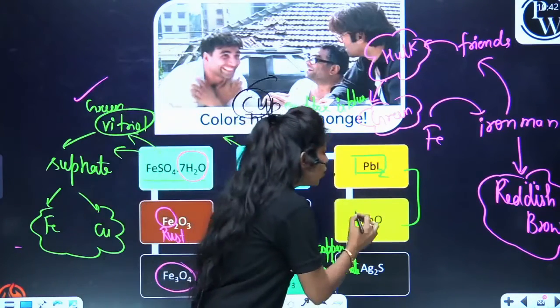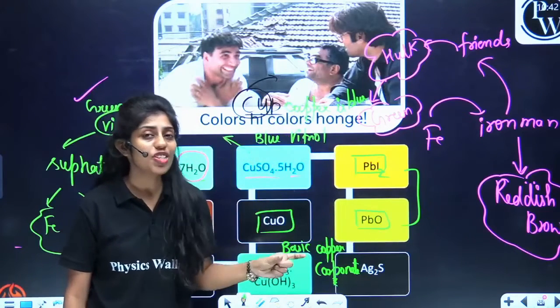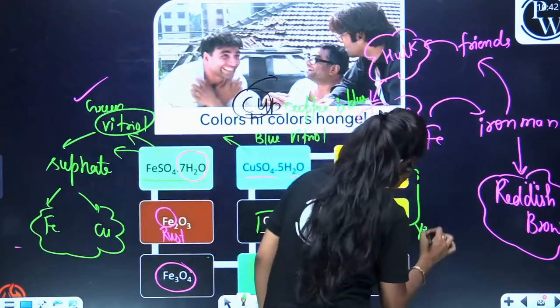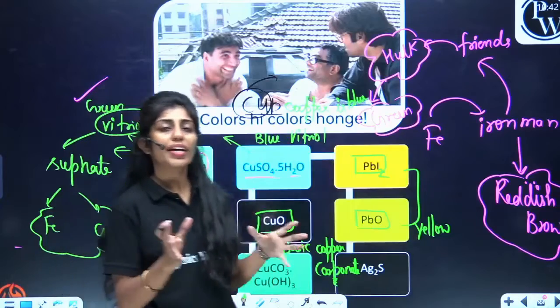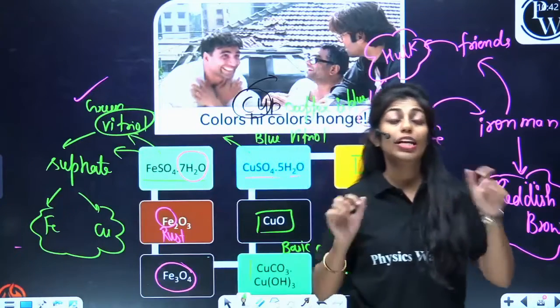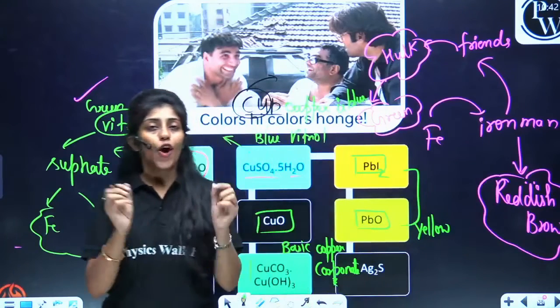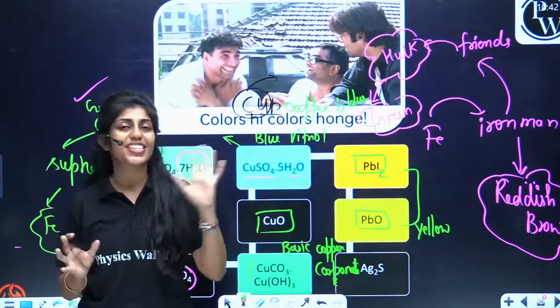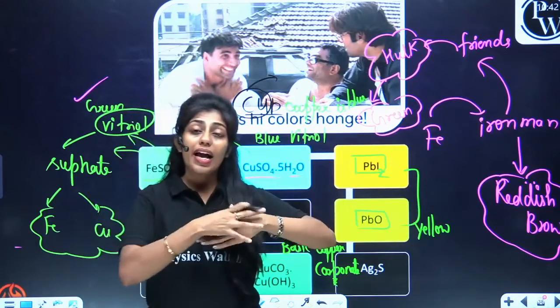And the PbO, which we found on the decomposition of lead nitrate, is basically yellow in color. Next we have Ag2S. Suppose you are wearing some silver article. Over time it will react with oxygen and water molecules or the H2S gas present in the atmosphere, and it will have a coating of black color.